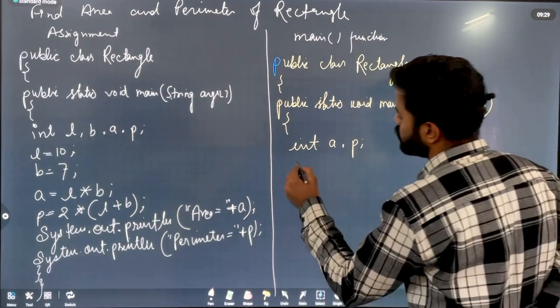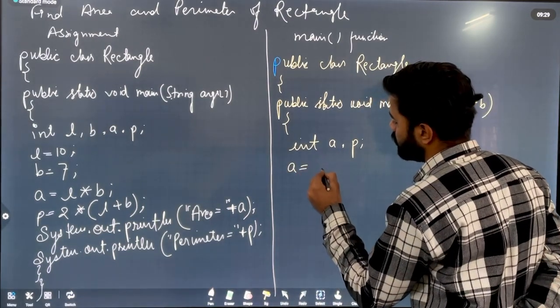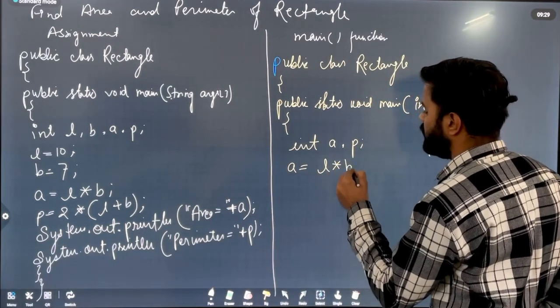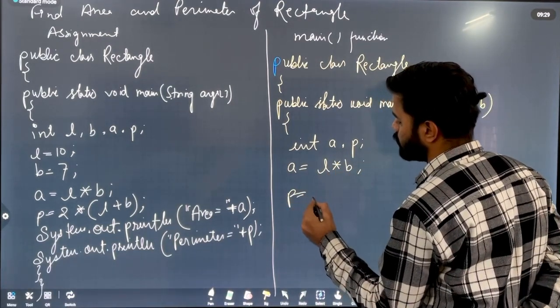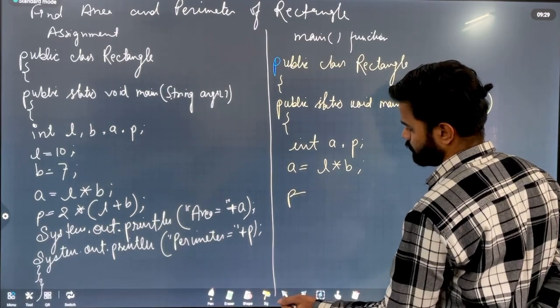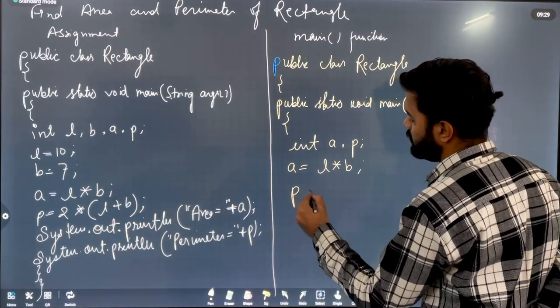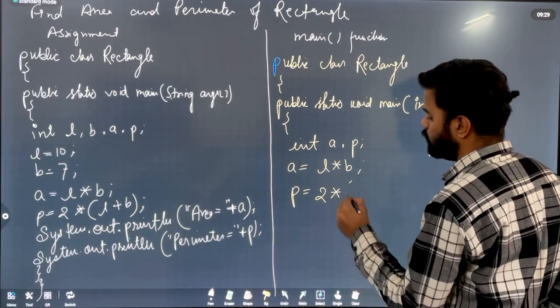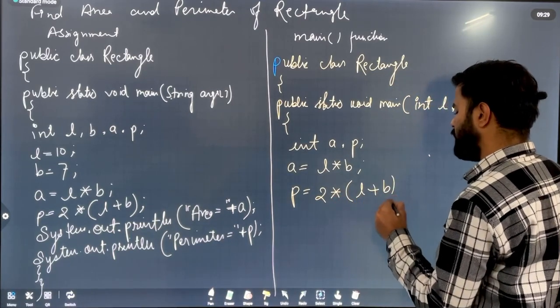So A is equal to L * B and P is equal to 2 * (L + B).